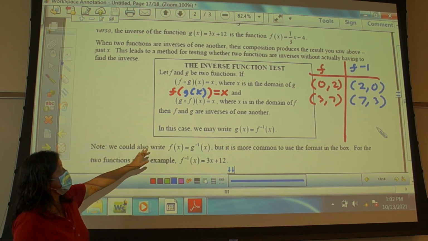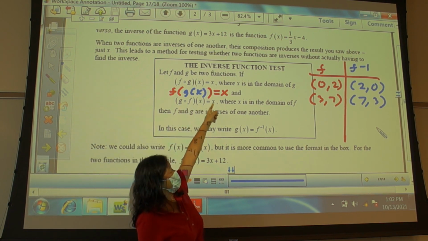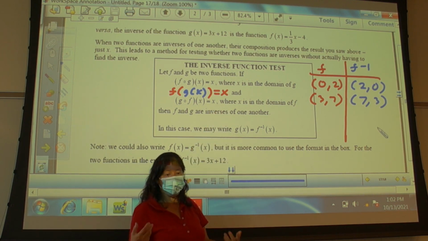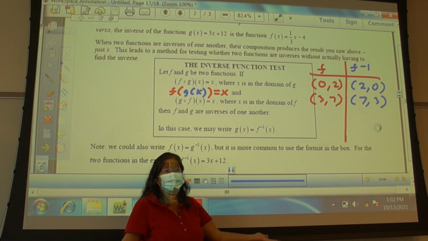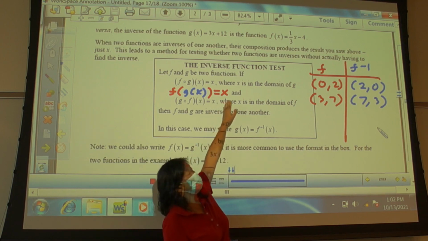So what it's saying is, if you do the composition, and the composition gets you back to just x, that means that nothing happens to it. I input x, and my output is x. Nothing happened to it. It did something, it got undone, I get back what I started with.